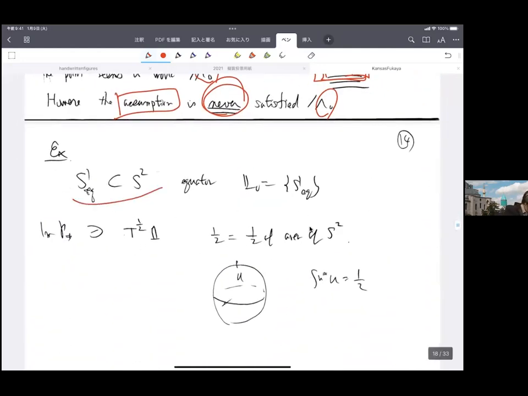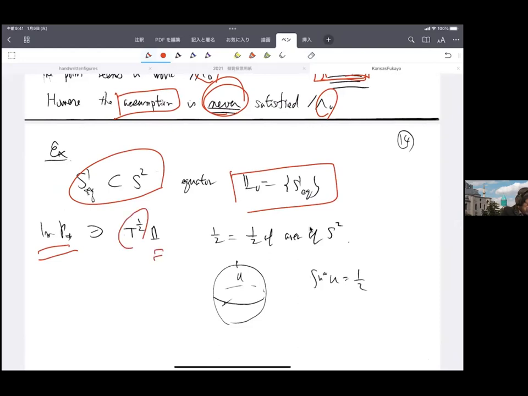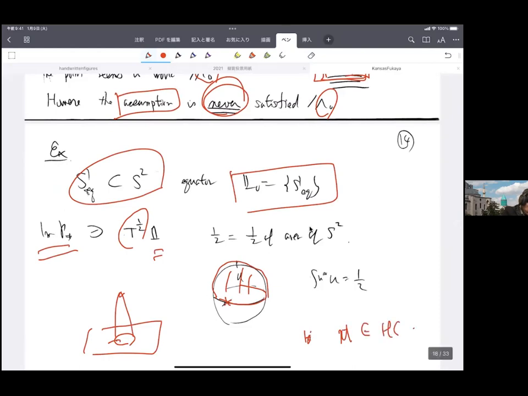If you consider this S1, the equator contained in S2, then the image of the point class with this open closed map contains T to the half of the identity. So you have this S1 and this upper half plane. The input is something like the point class in the homology of S1.